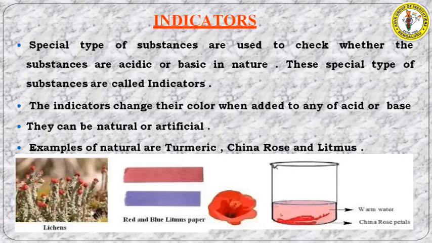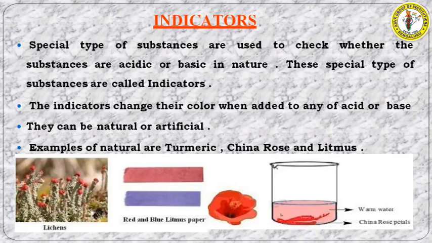Next we are going to understand what indicators are. Indicators are special substances used to check whether a substance is acidic or basic in nature. For example, if your teacher gives you a substance and asks whether it is an acid or a base, you cannot taste all the substances.